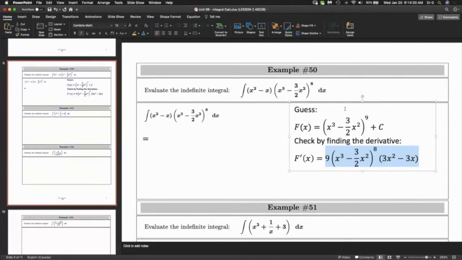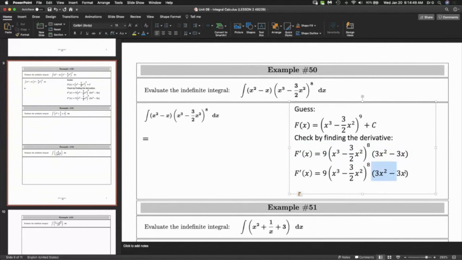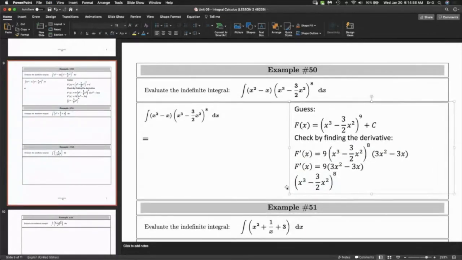So now the issue is that we have a 9 here, and we have some 3's here that we have to deal with. So in this bracket here, I'm going to factor out a 3. I'm also going to shuffle the terms around a little bit. I'm going to take this one over here and put it here for aesthetic reasons, so it matches how it looks in the original question.